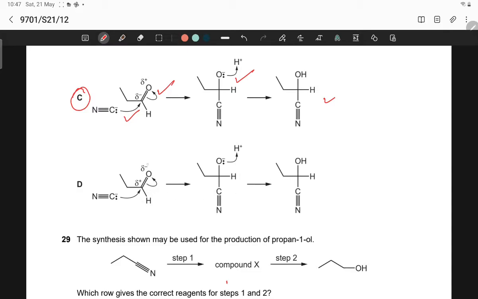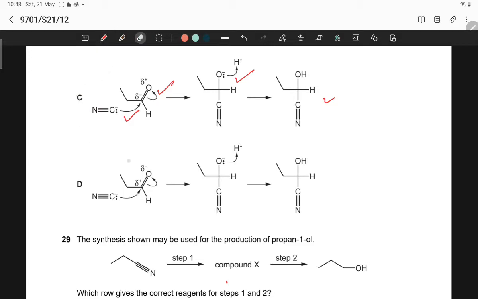Partial positive, partial negative, and COH, sorry.